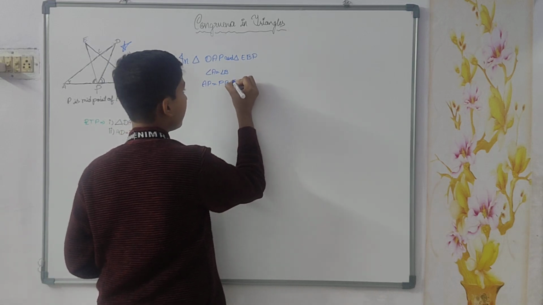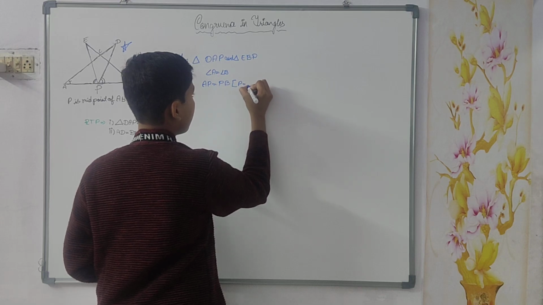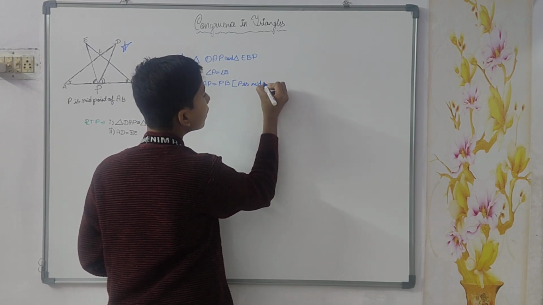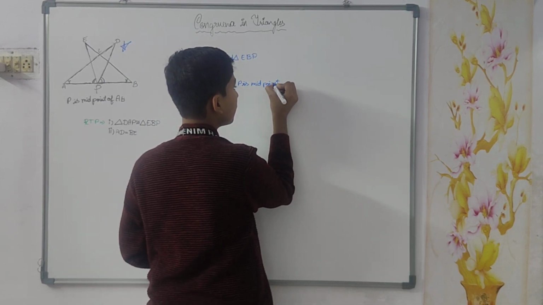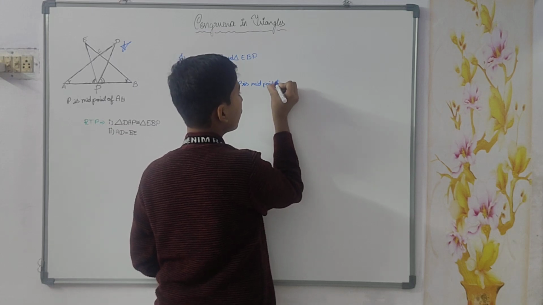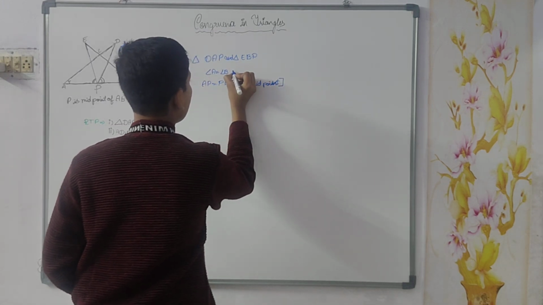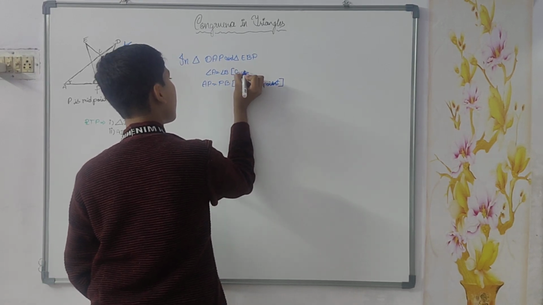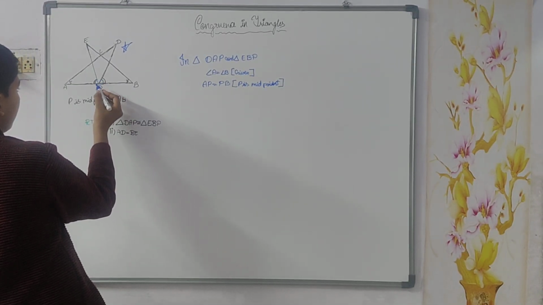What will you write here? P is the midpoint. Okay, you will write P is the midpoint, and here you will write given. The angle EPA equal to angle DPB we will take at the last. Now, why did I say we should take them at last?